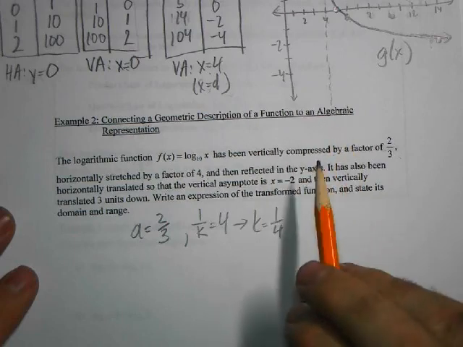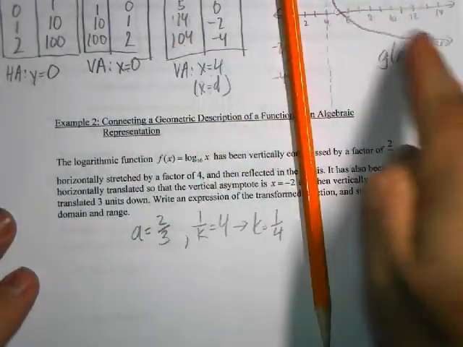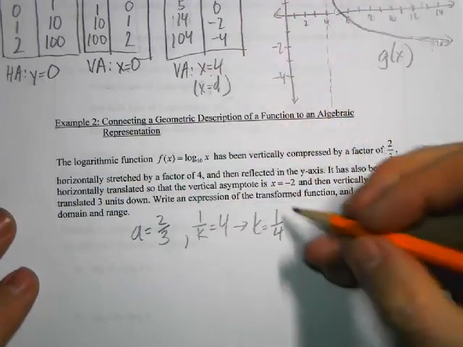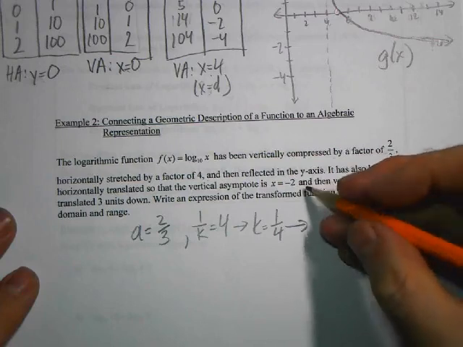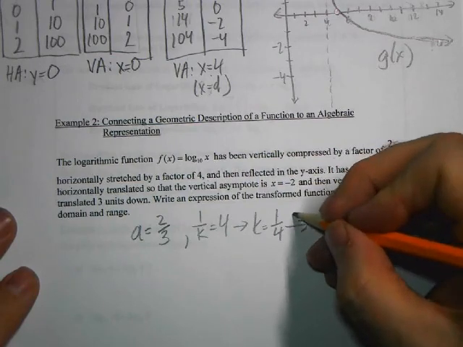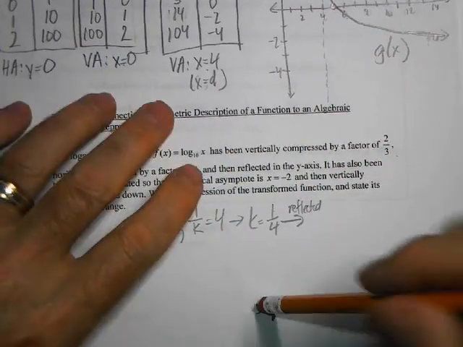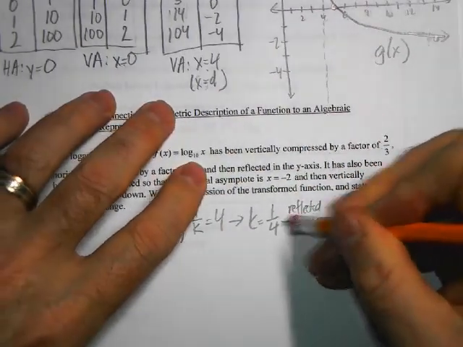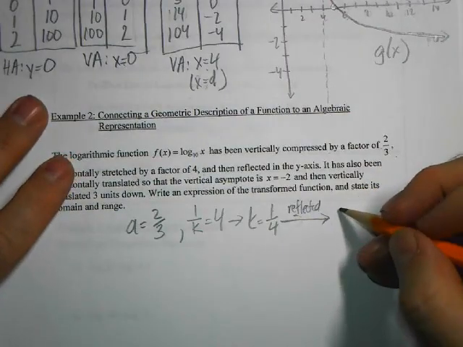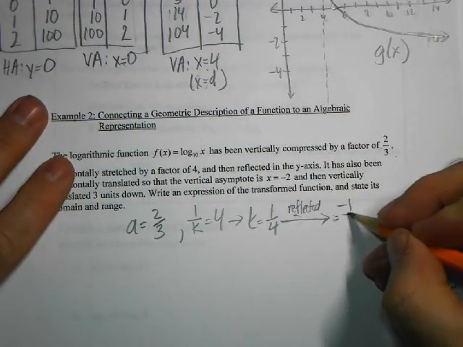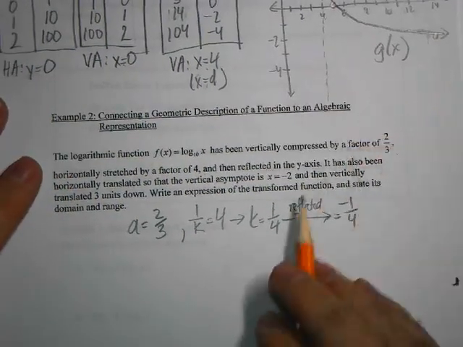So if I reflect in the y-axis, I'm reflecting horizontally. So that would affect the k value. So I say that this is reflected. So what happens to k? It becomes negative. So the number part stays the same, but it's negative.